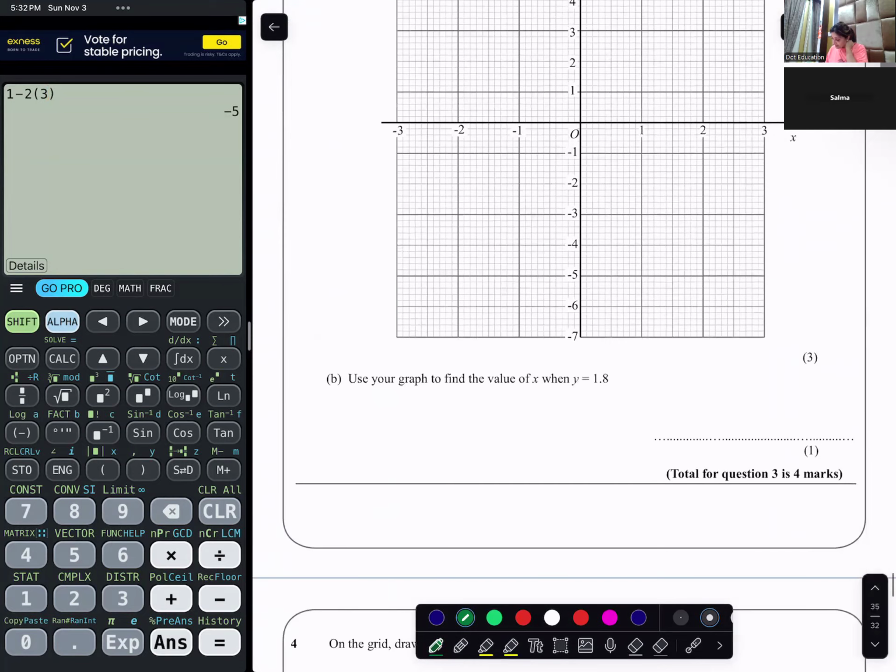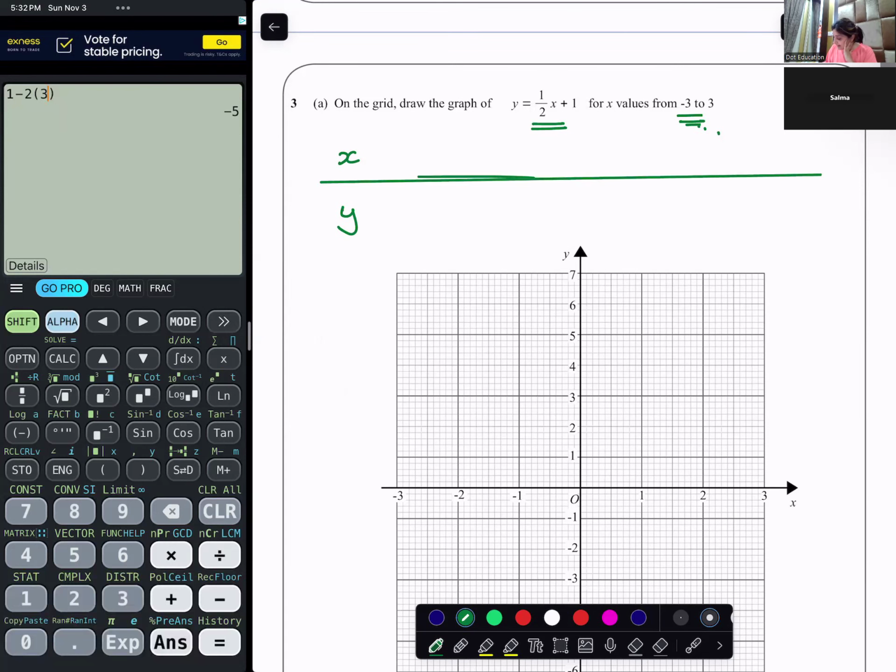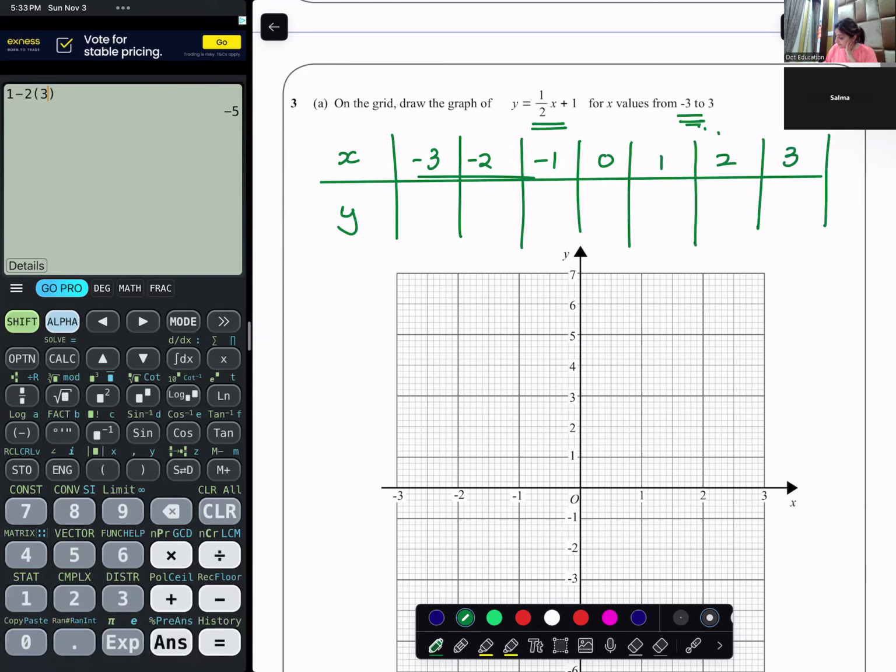Come on, your next question is on the grid. Draw the graph y is equal to half x plus 1 for values from minus 3 to 3. How will you do that? X and y. What are the values? Minus 3, minus 2, minus 1, 0, 1, 2, and 3. You will put the equation in your calculator.